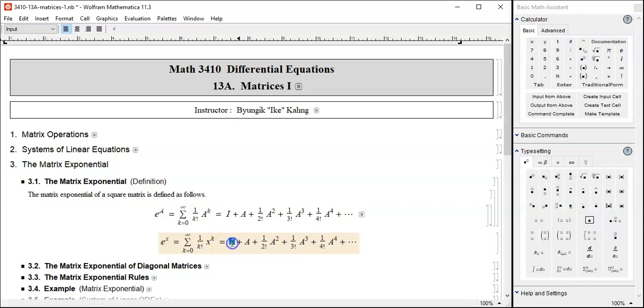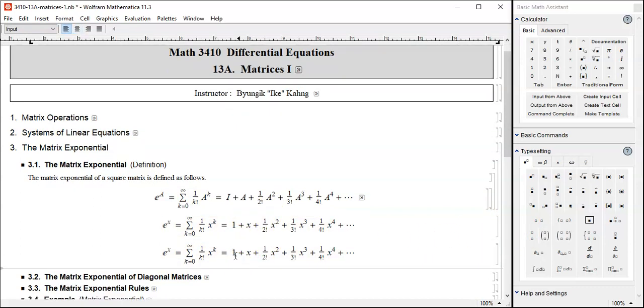Instead of I, we have 1, and instead of A, that's going to be x. And this is the definition of the real exponential function. It's based upon the Taylor-Maclaurin series expansion. And then replace x by z, then this is the complex exponential.